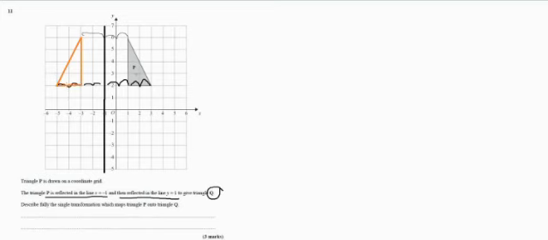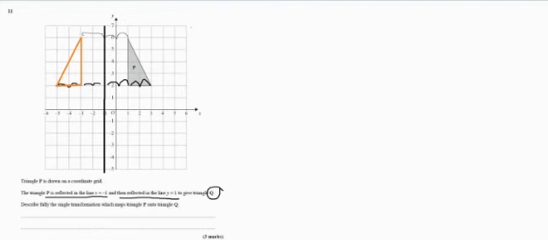Here is the shape that is reflected by the line x equal -1. But we need another reflection, so we could give it the name triangle Q.